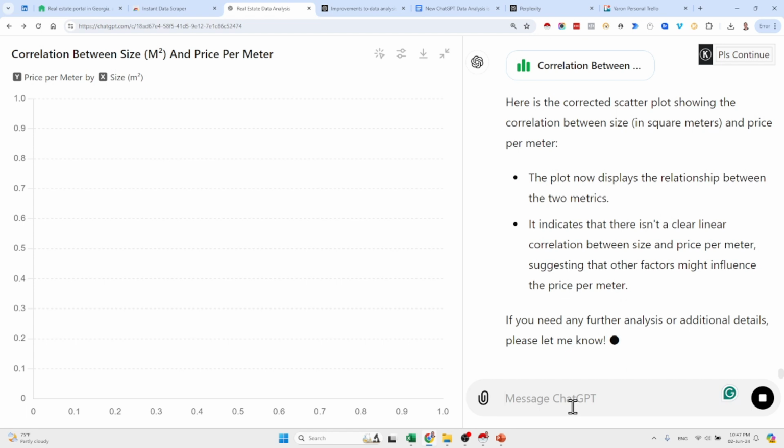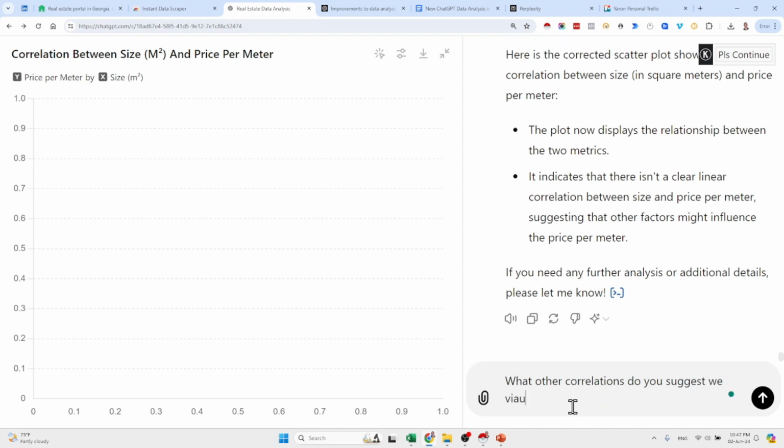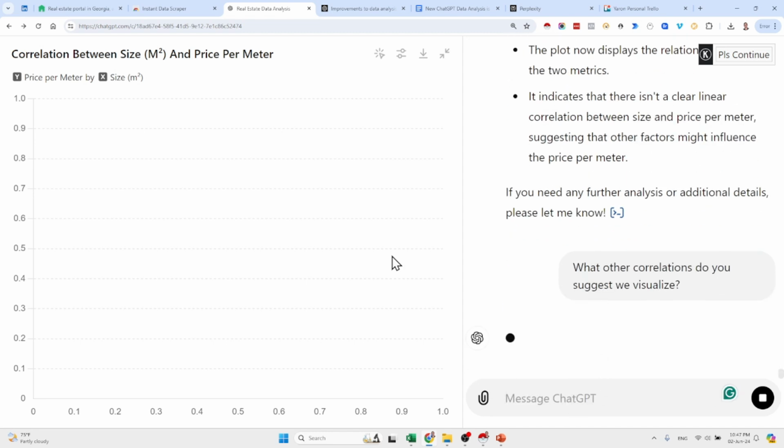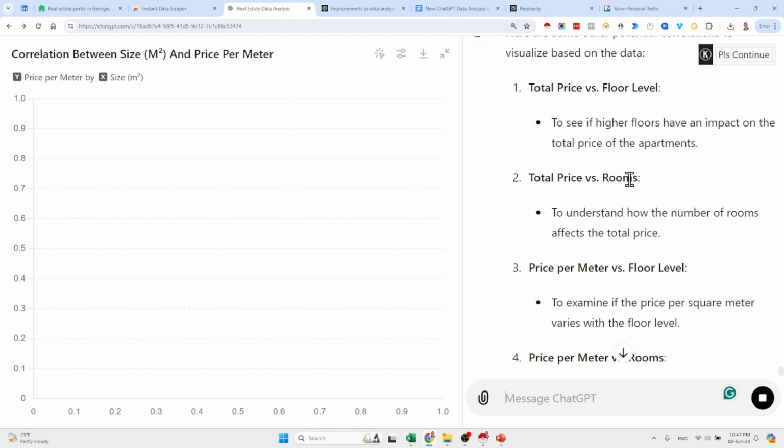Let's select something else. What other correlations do you suggest we visualize? Here are some potential correlations. Total price versus rooms.